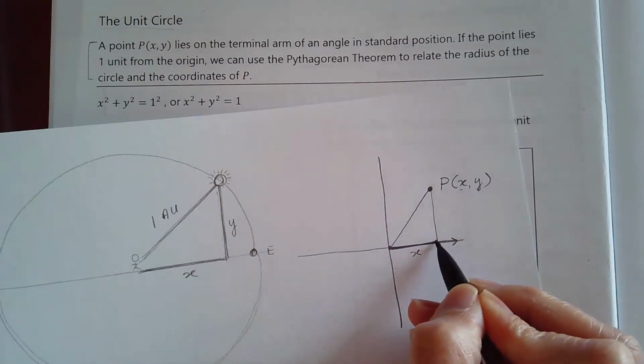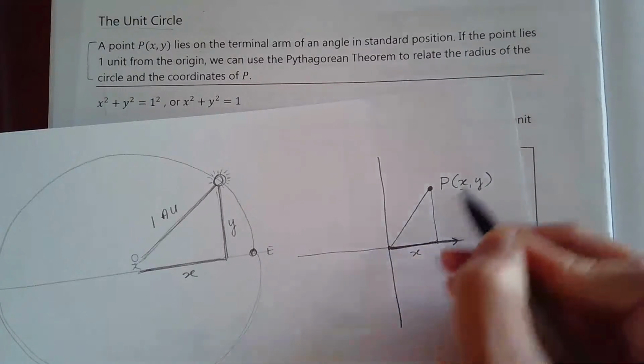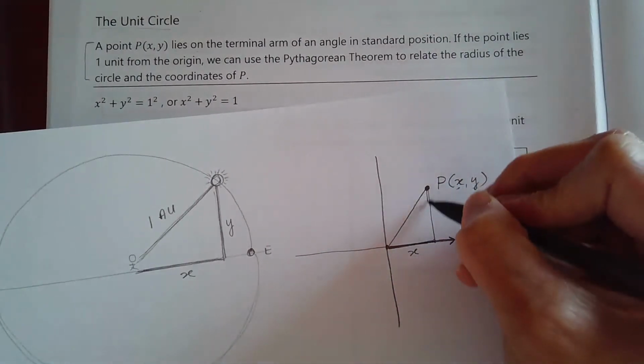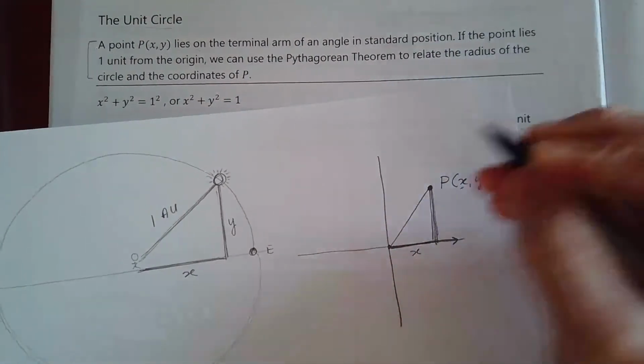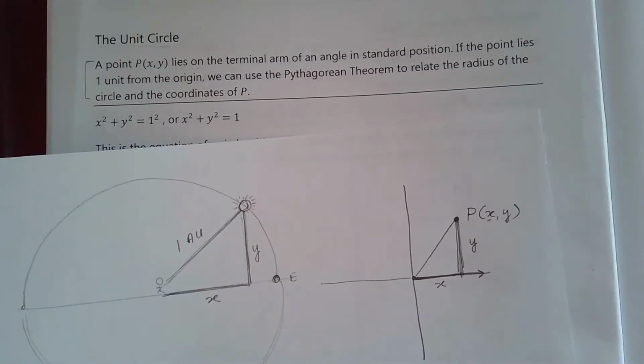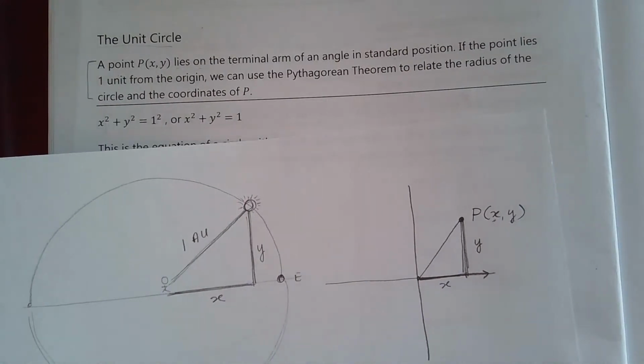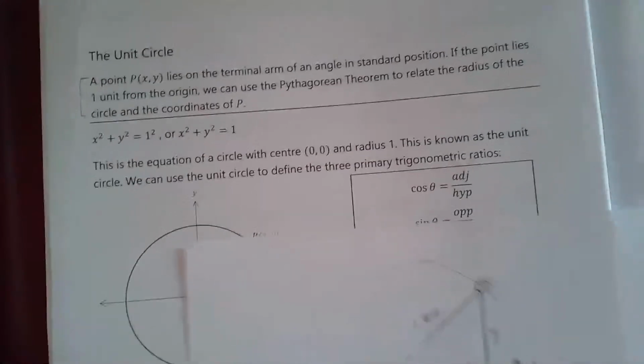How far across is it along the x axis? That's our x right there. And the y is how far up on the y axis the point is. We'll see that these are going to be connected to the sine, cosine, and tangent.